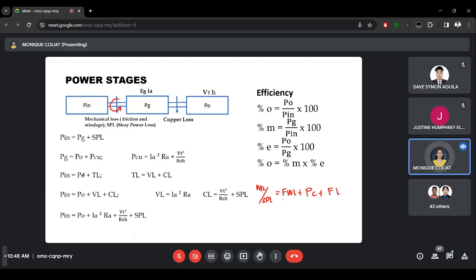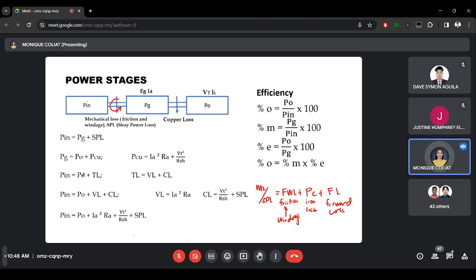So we have here friction and windage, we have here iron loss and forward. Ano ang ating formula ng ating reserve capacity? Ayan.